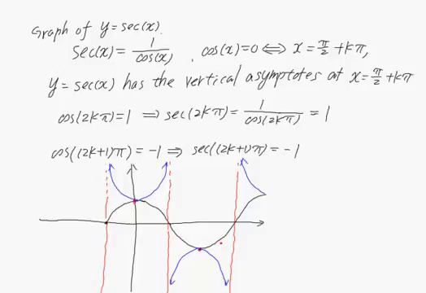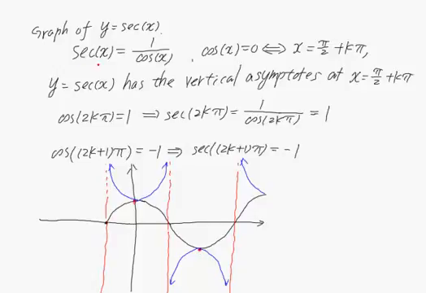Okay. So based on the graph of the cosine function, we get the graph of the secant function. And from this graph, you can see the range of the secant function is either the secant function is greater than or equal to 1, right? Or the secant function is less than or equal to -1.